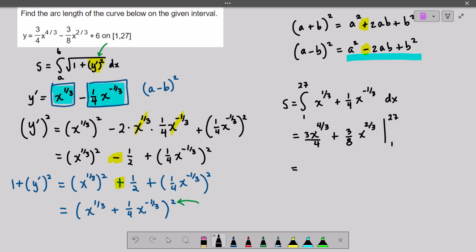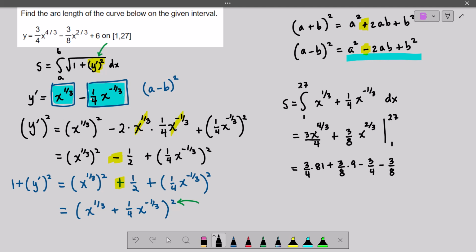So now we'll plug in the 27, we'll plug in the 1, and take the difference. So plugging in 27 here gives 3/4. The cubed root of 27 is 3, and then 3 to the fourth is 81, and then plus 3/8 multiplied by cubed root of 27 is 3, 3 squared is 9, and then we subtract off the evaluation at 1, so we'll end up with that.